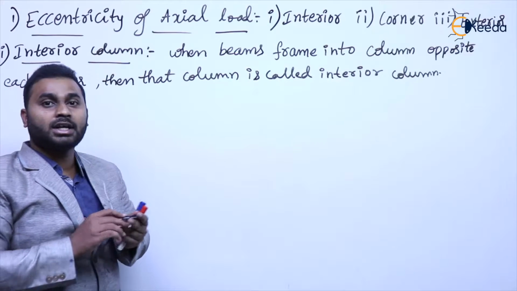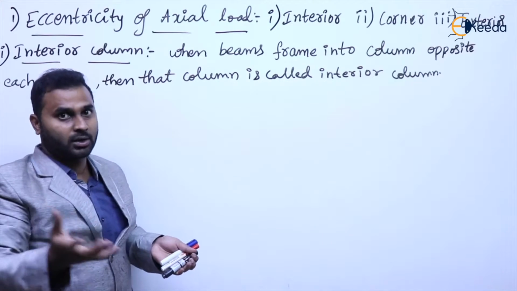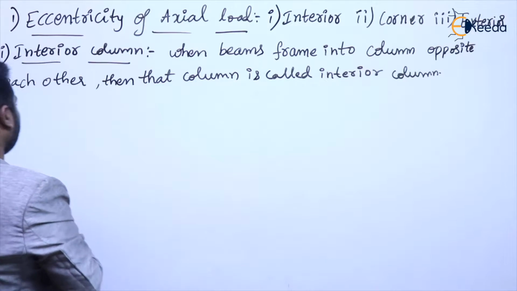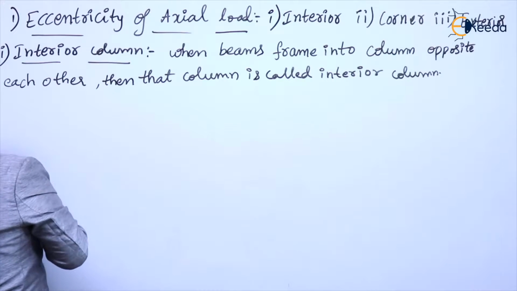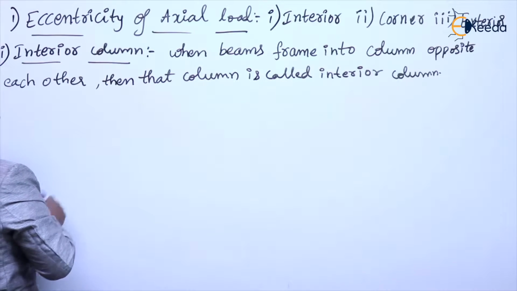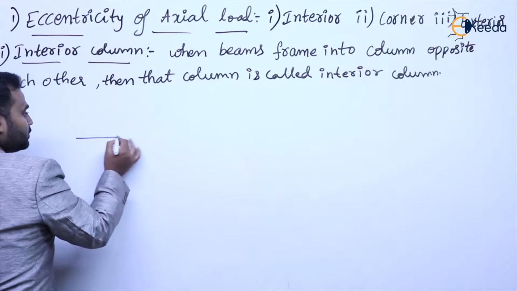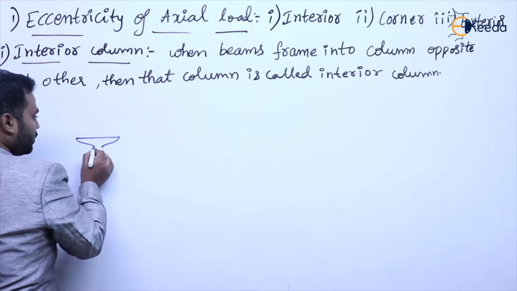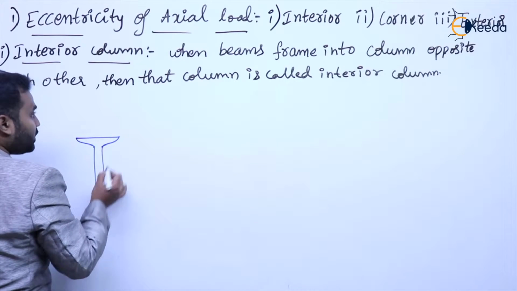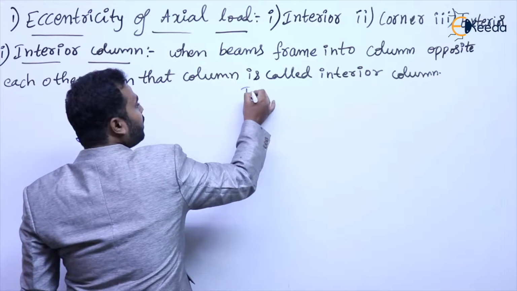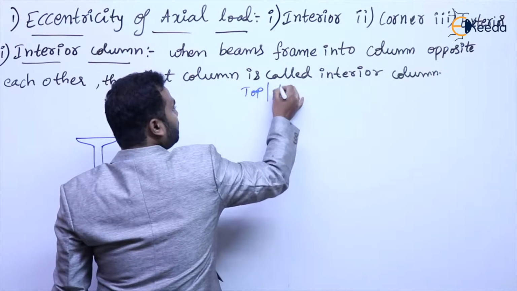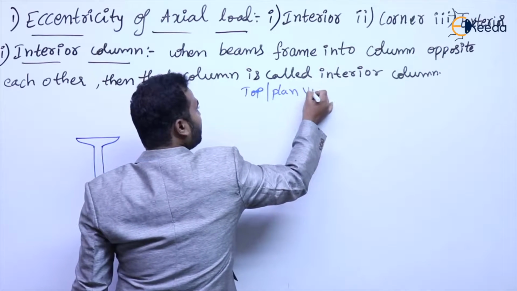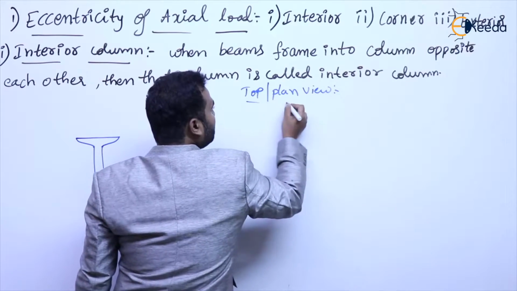With a diagram, you will understand this interior column more clearly. So let me draw the diagram. This is the cross section of a column. Let us consider an I section as the column. Here I am showing the top or plan view, that is, if you observe the structure from the top, this is how it looks.